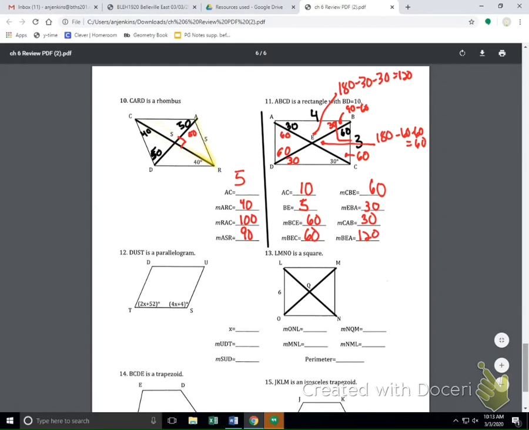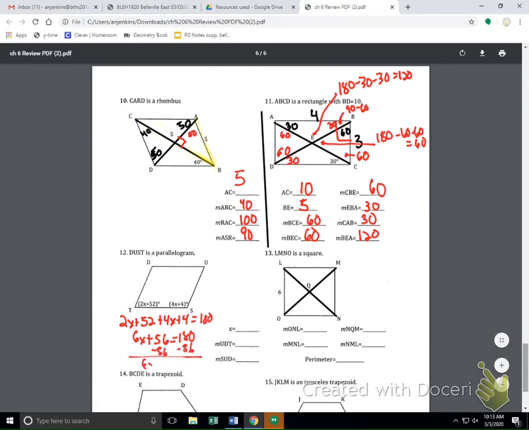The next one up, we have to find the value of x. So we know this is a parallelogram. What do you know about consecutive angles in a parallelogram? They add up, yep, supplementary, add up to 180. Is that what you got for your full answer? Okay, so we get 6x plus 56 equals 180. Subtract 56.